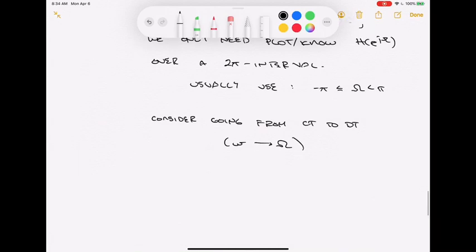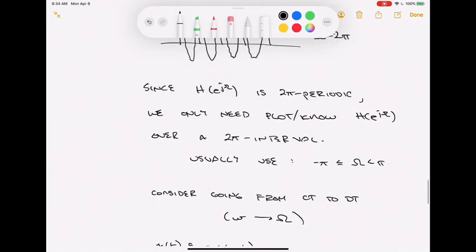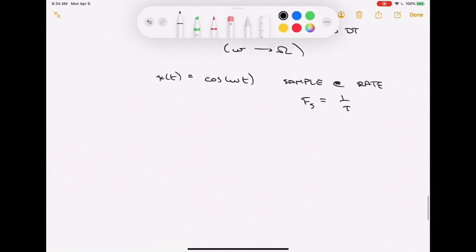So I could look at a particular signal, x of t, being a sinusoid cosine omega t, and I'm going to sample at some rate, let's call it capital F s, the sampling frequency, being 1 over T, the sampling interval. So T is the sampling interval. Fs is the sampling rate.